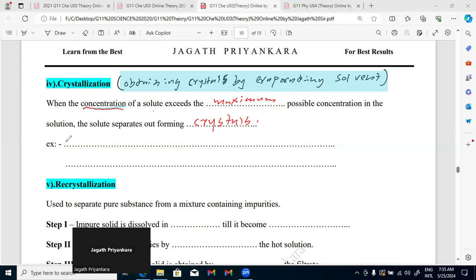So crystallization is used to extract what? Salt from seawater. That is called the salt industry.